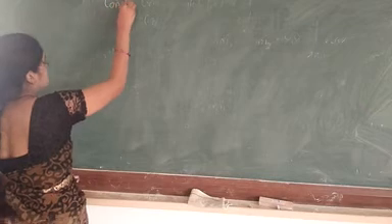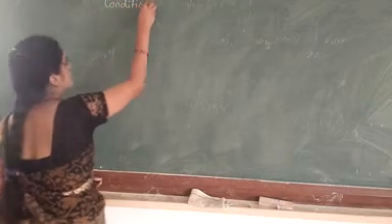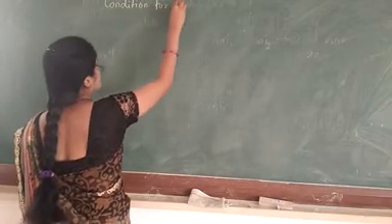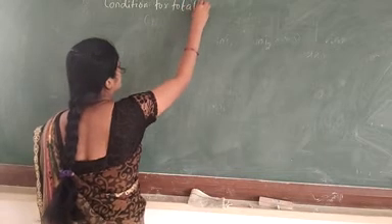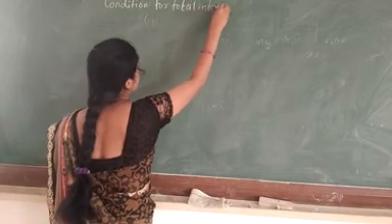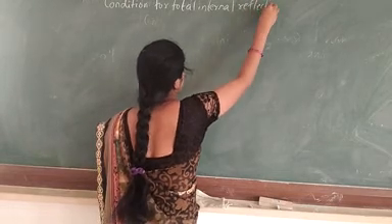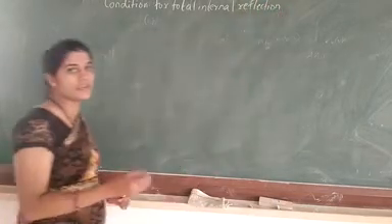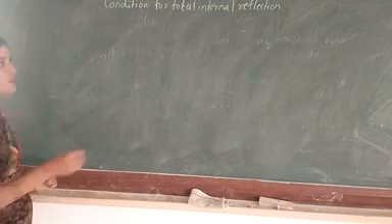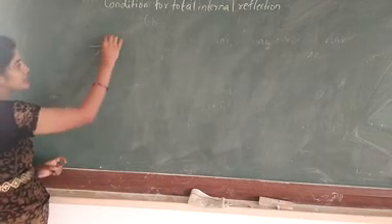Now next we are studying the condition for total internal reflection. We have just studied that a ray of light is made to pass from the denser medium to the rarer medium.